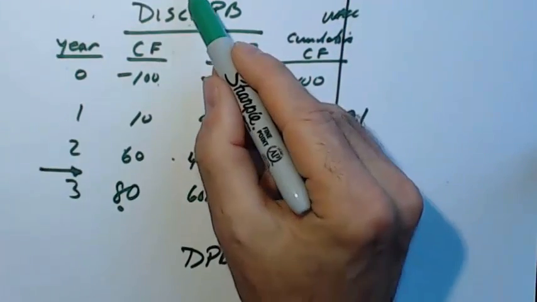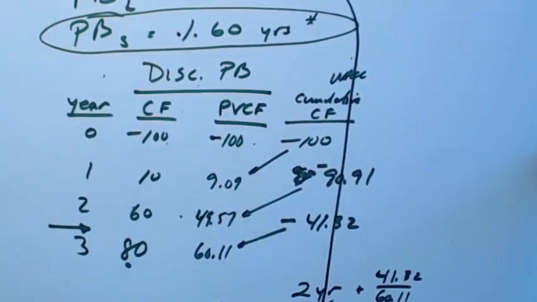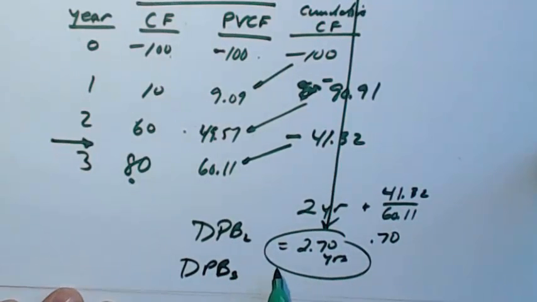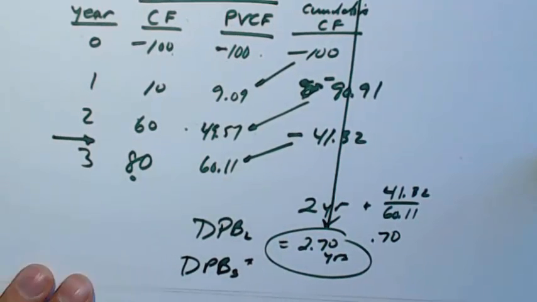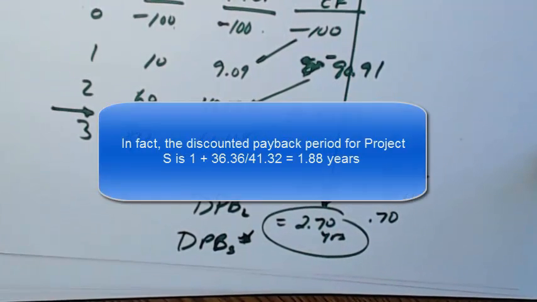You'd find the payback period for S will go up too, but it won't go numerically as high. So the discounted payback for S will be less, and it'll indicate the winner. The winner will be discounted payback for S, and you can do that calculation on your own.